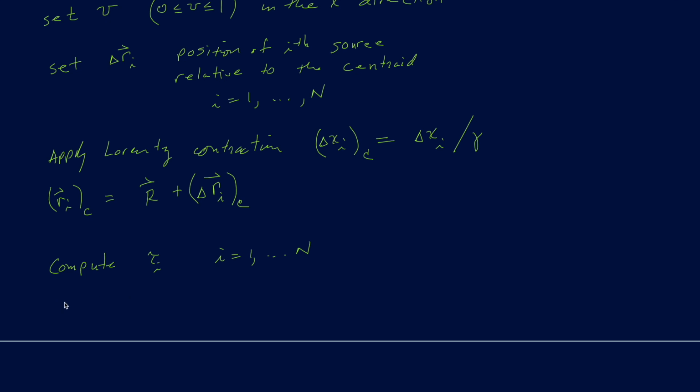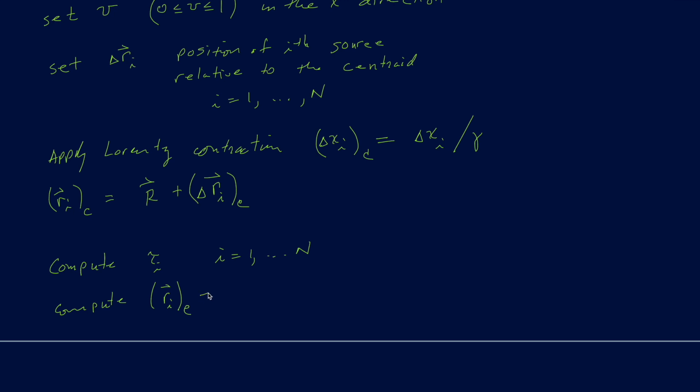And then from that, we can compute, using the equation of motion, r sub i, the position of each source. But now what we're interested in is the emit point, because that's the apparent position.